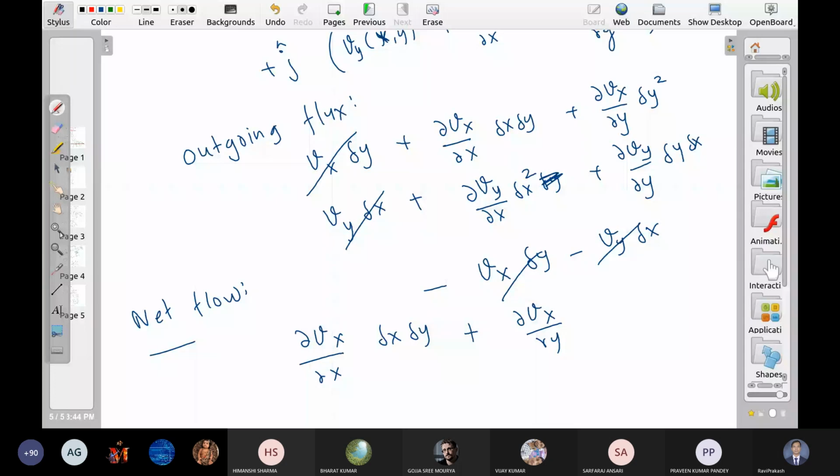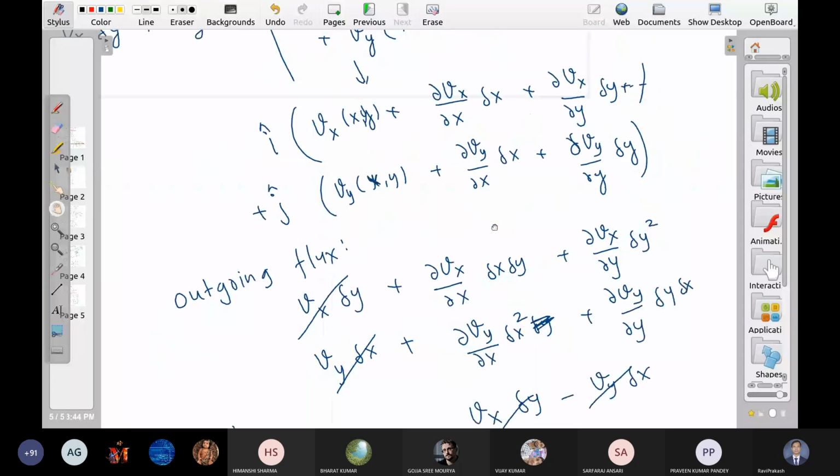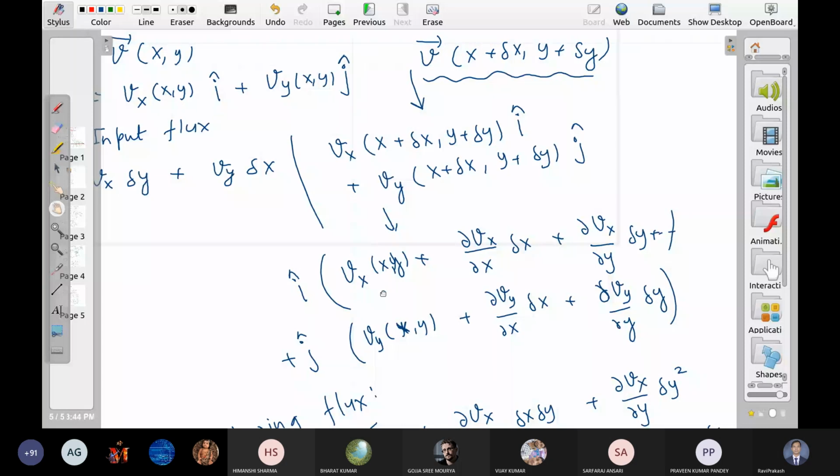Are we making some mistake somewhere? This flow may depend on both. If you go along y also, the flow may increase. There is no doubt here. This flow can also increase. Accordingly, del Vx upon del y may survive. No, but del Vx upon del y is this.